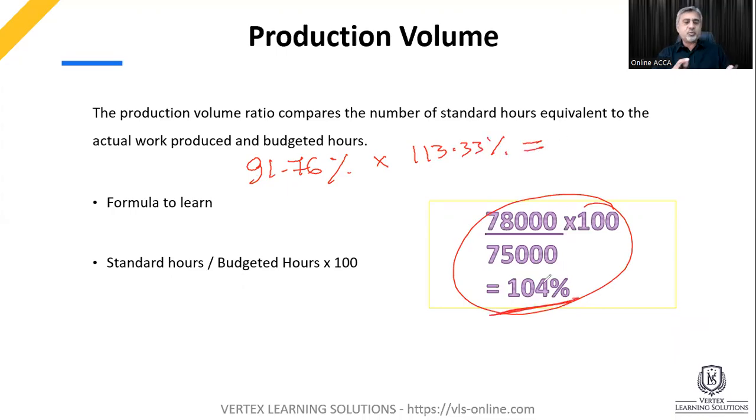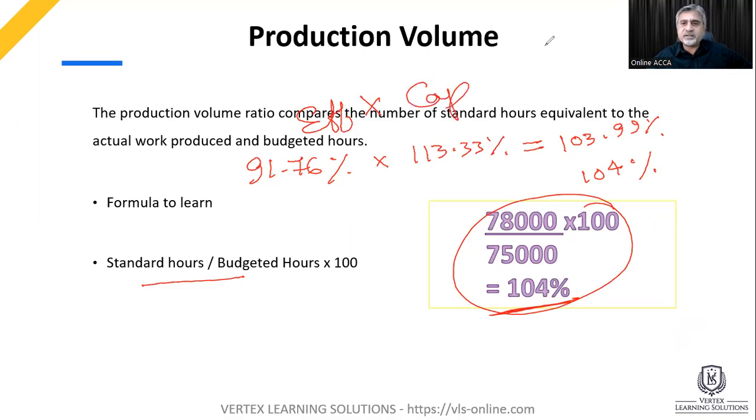So I do 91.76 multiplied by 113.33, divided by 100, and I get 103.99, which means 104%. So you can find production volume by using the formula, or by multiplying the efficiency ratio with the capacity ratio. You get the same answer.